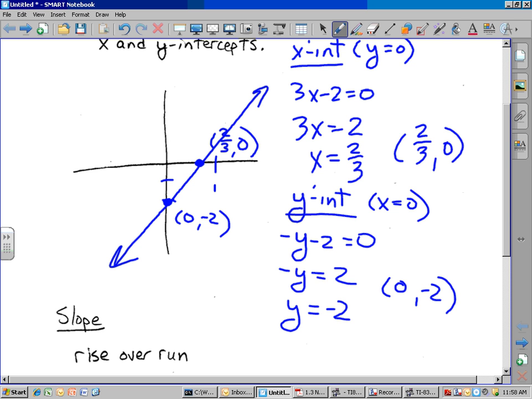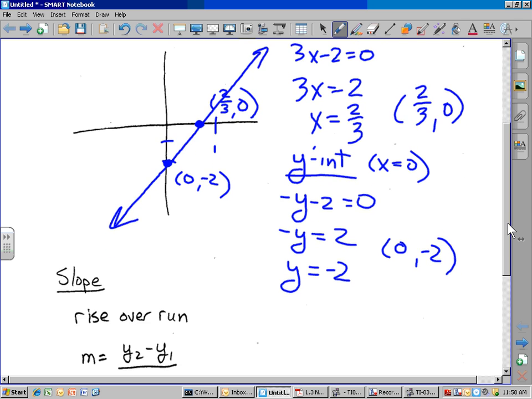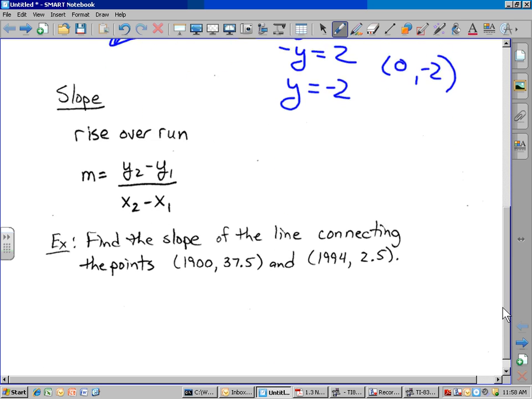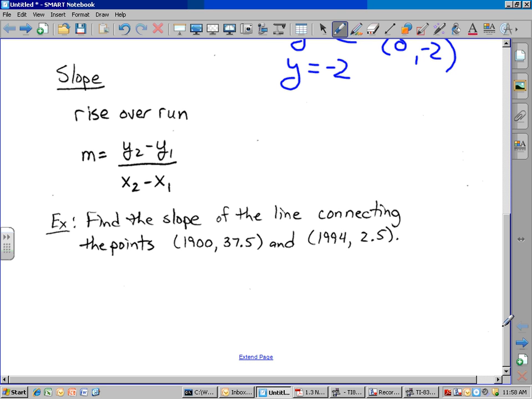All right, let's talk about slope. Slope is rise over run. It's a ratio of two numbers. If you were given 2 points, you can use this formula.